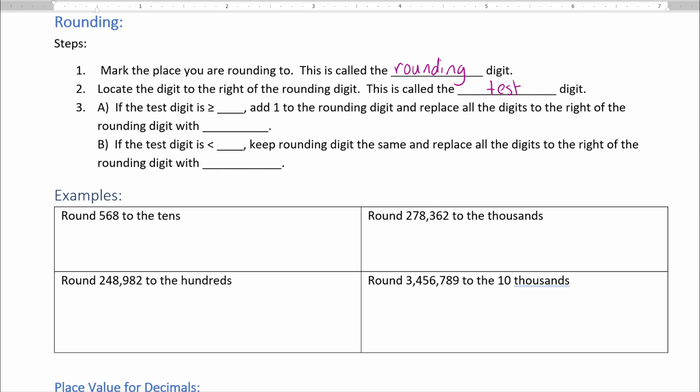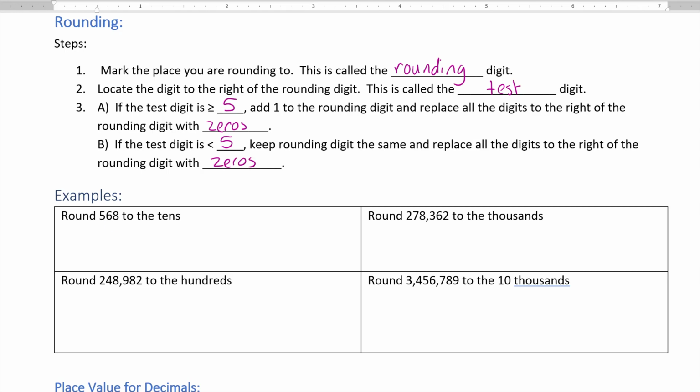Now, if the test digit is 5 or higher, greater than or equal to 5, then add 1 to the rounding digit and replace all the digits to the right with zeros. But if the digit is less than 5, that's 0, 1, 2, 3, 4, keep the rounding digit the same and then replace all the digits to the right of the rounding digit with zeros.